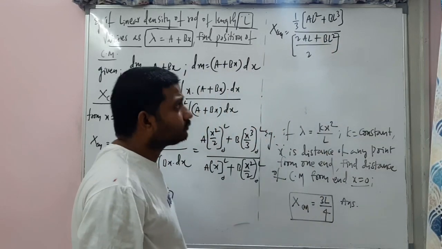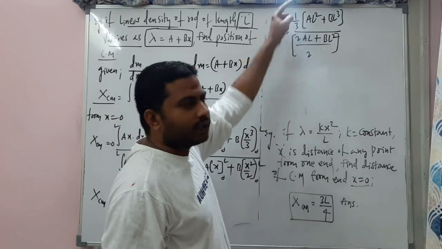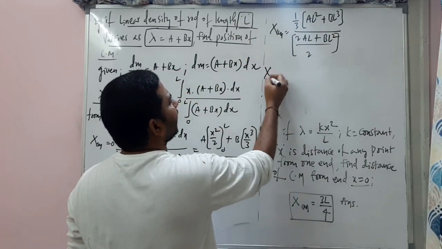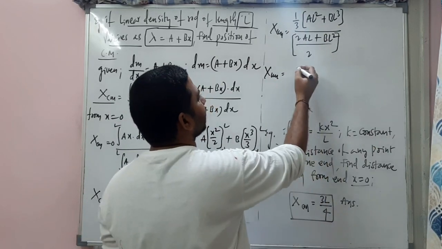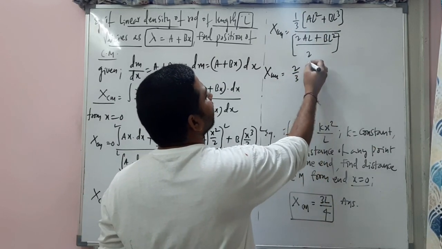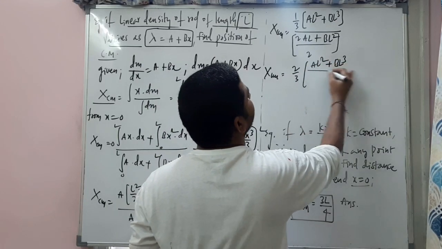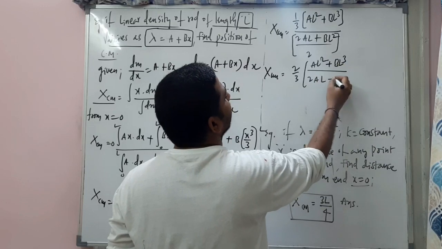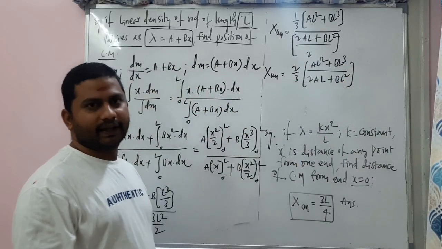Understand? Now when the 2 goes up, it will be 2 by 3, and rest everything will be the same. So xcm is equal to 2 by 3 into (aL square plus bL cube) divided by (2aL plus bL square). Understand?